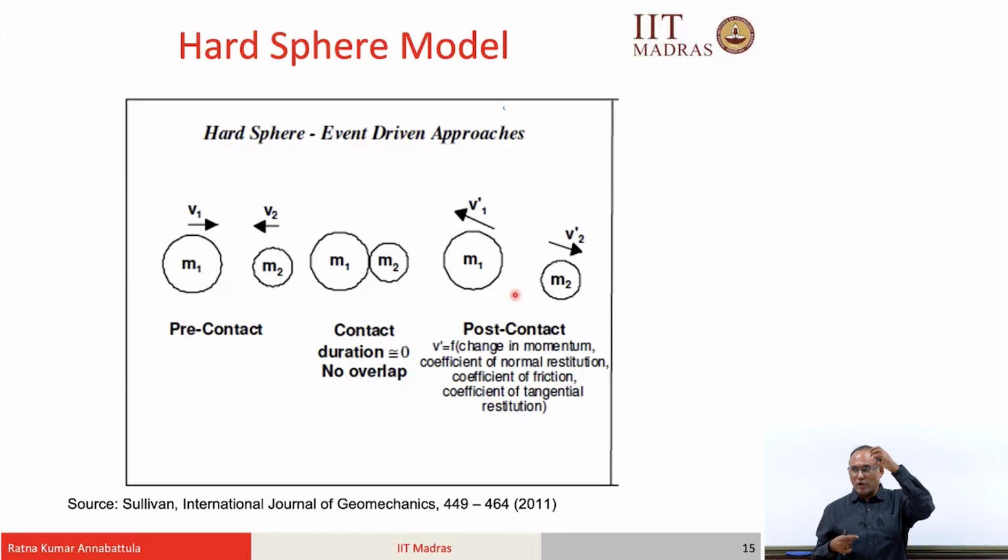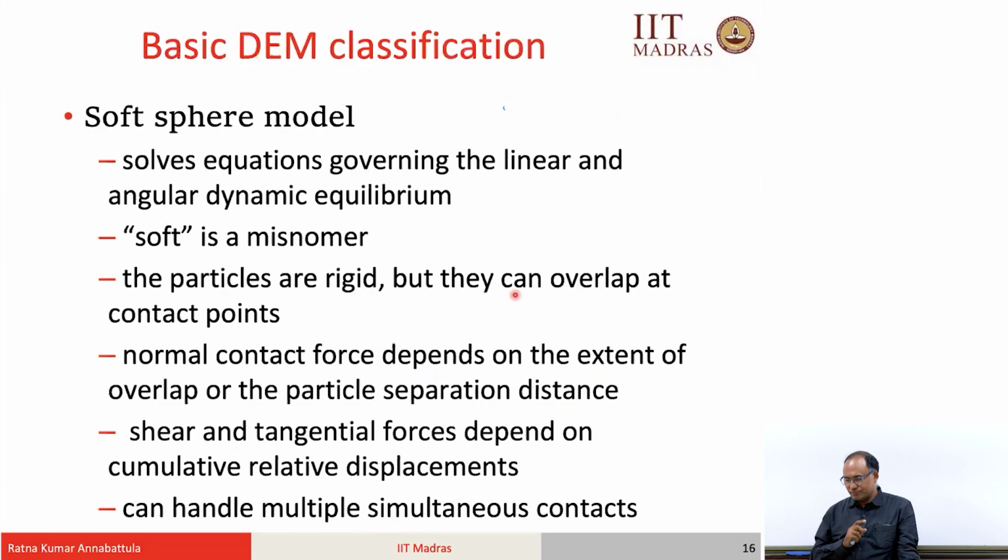You will solve for one particle in contact with only one other particle, and then it will contact the other one, because otherwise you will not be able to solve for this momentum exchange, right. So, that is why your contact detection is a little simpler compared to the other one.